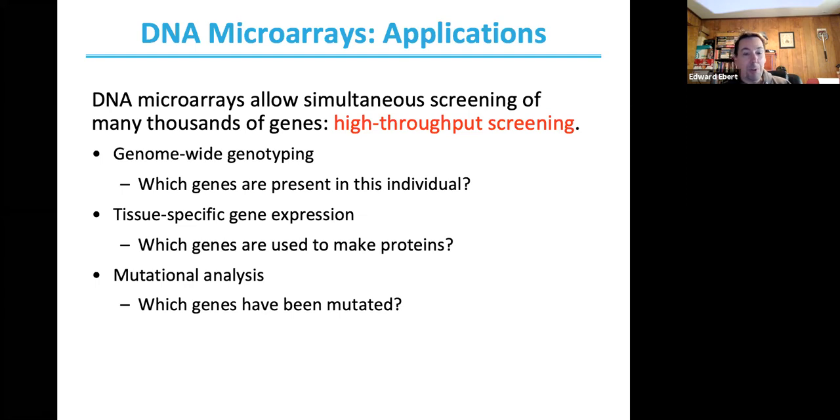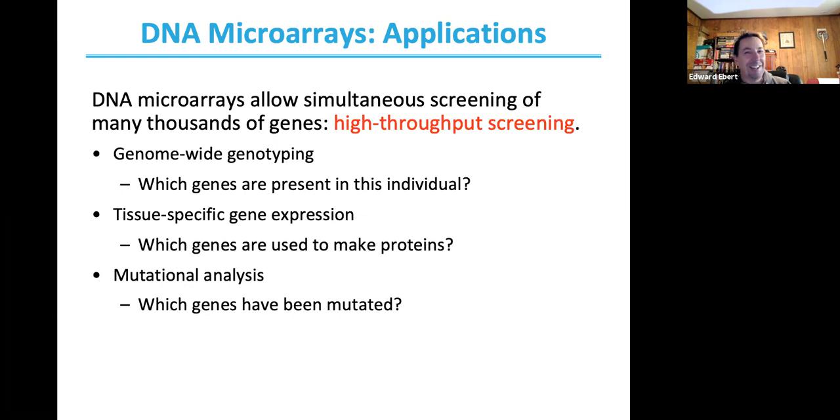We can also look at mutational analysis. The interactions are sensitive enough that we can often tell whether a particular sequence has been phosphorylated or dephosphorylated. If we look at mutational analysis, we may see different genes that have been mutated as well, and that can help us learn more and more.